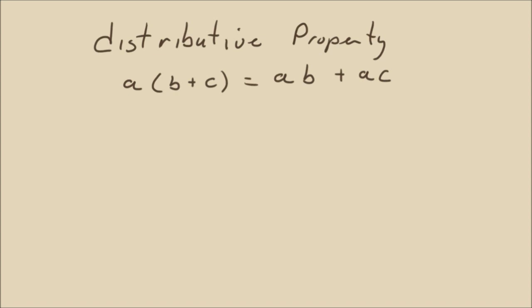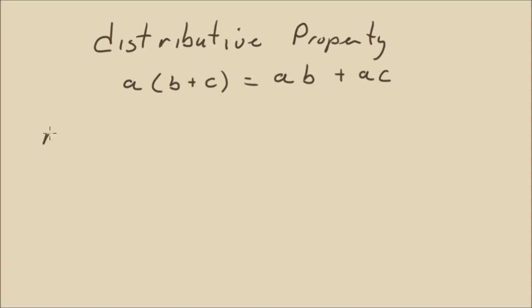It doesn't work. So what this means is if I need to simplify something, this is a way I can simplify it. So if I have A times B plus C, and the B plus C is in brackets, then that's the same as me saying AB plus AC.